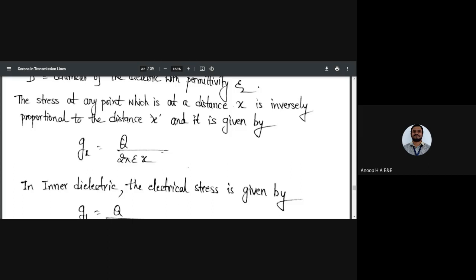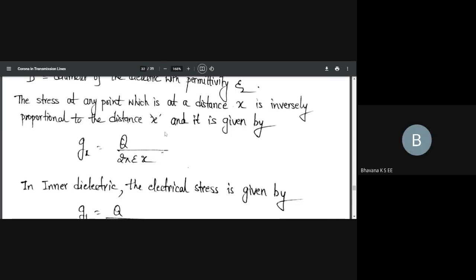Amrutesh KL, Guru Kiran, how can we write electrical stress which is inversely proportional to the distance?